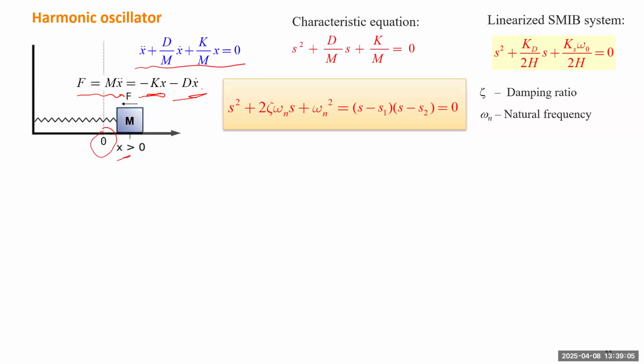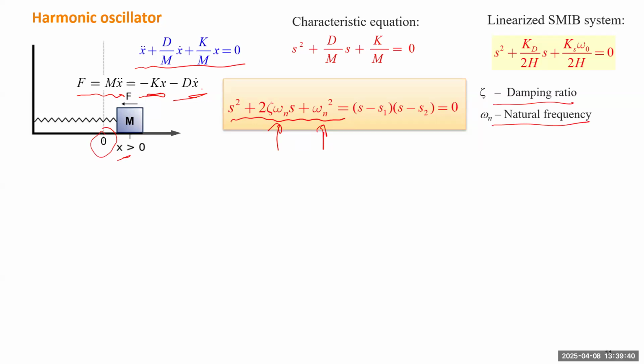For such a harmonic oscillator, the characteristic equation has a standard form. The standard form has the constant part, which is usually positive; we call it omega n squared. The first order term coefficient we call 2 zeta omega n. The zeta here is called the damping ratio, and omega n is called the natural frequency.